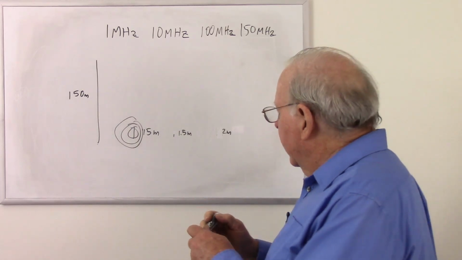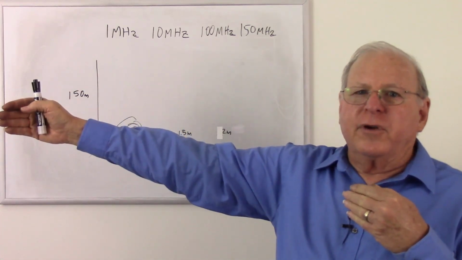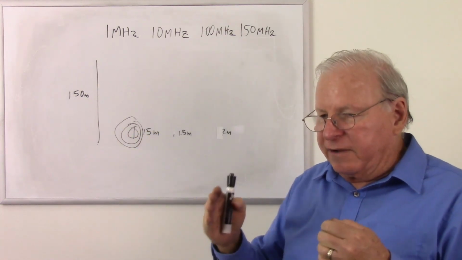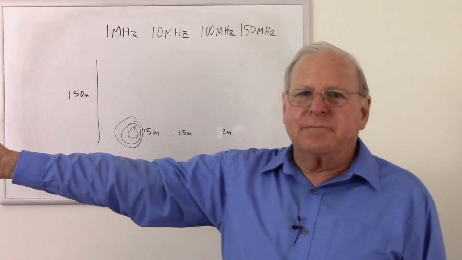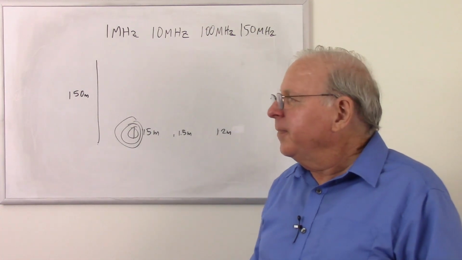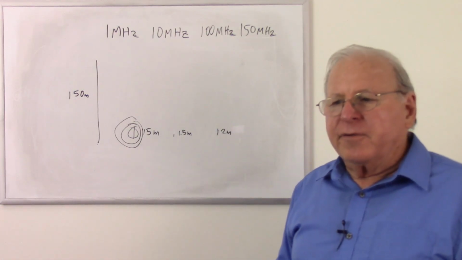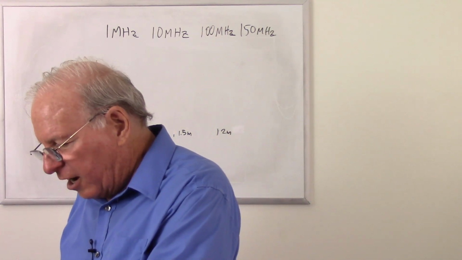So we're getting down here to the 2-meter band. Instead of having wavelengths that are 3 football fields across, now we have wavelengths that are about as tall as me, if they're going up and down, so about approximately 6 feet or 2 meters, depending on where you are in the world. And as we go up and up in frequency, we get even shorter wavelengths. I have a few here just to talk about.